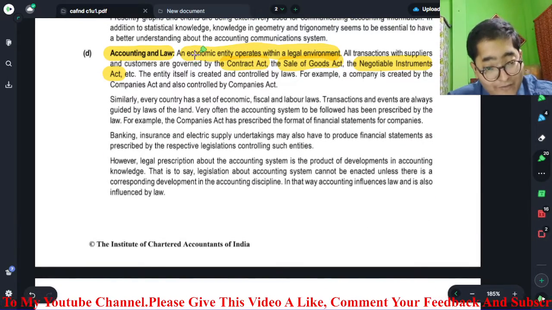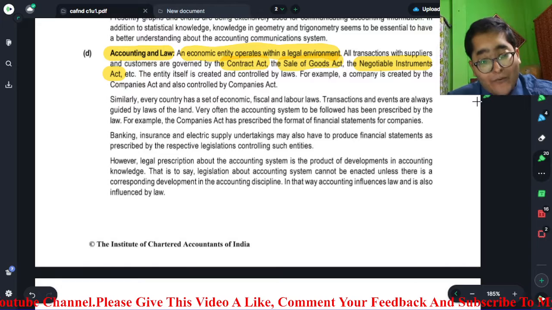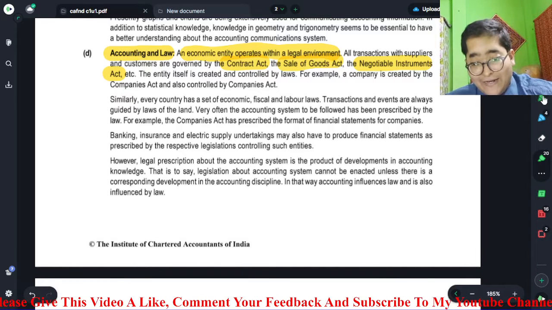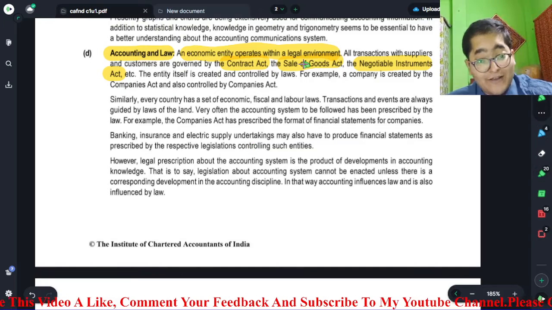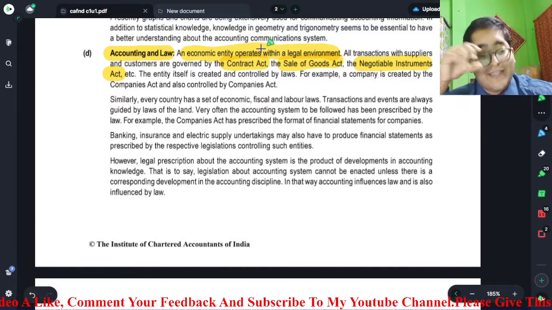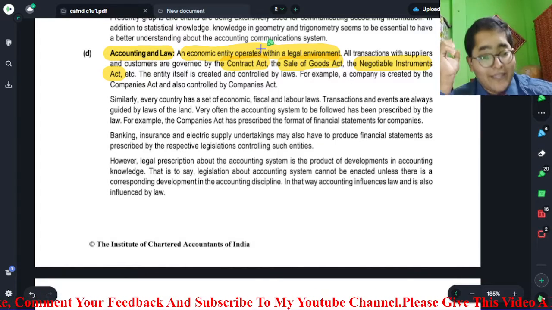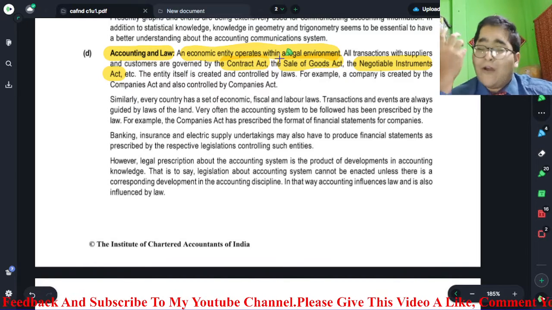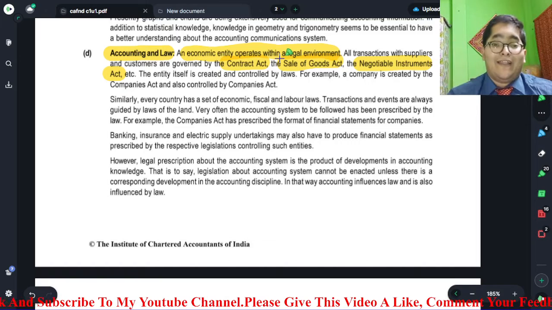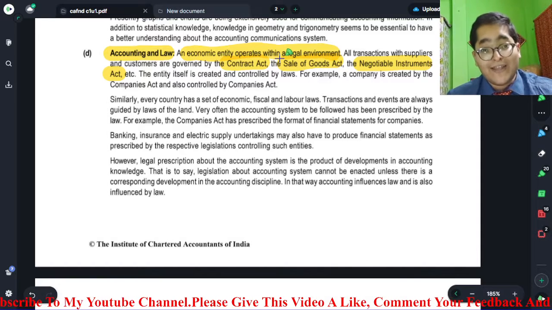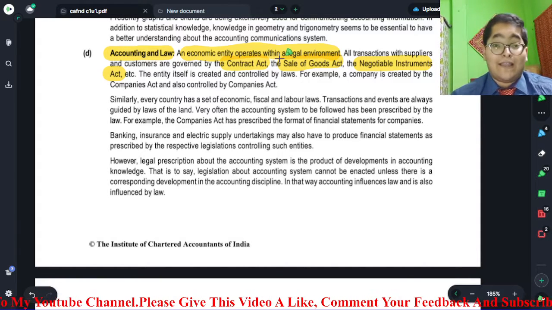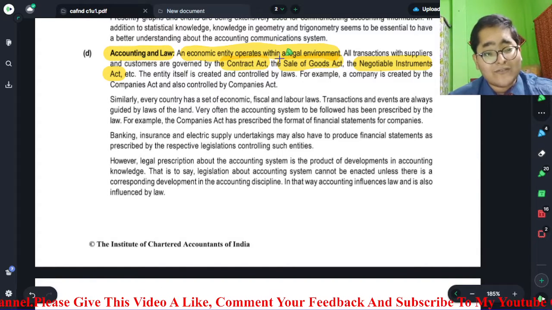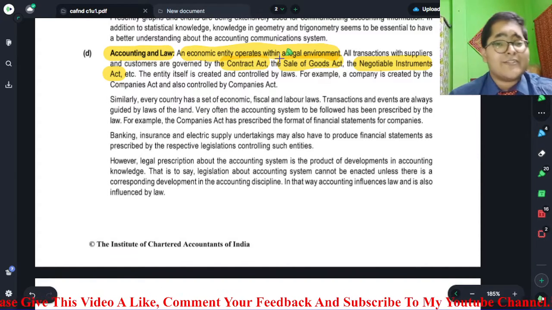Accounting and law. An economic entity operates within a legal environment. Any economic entity, any business firm, any company operates within a legal environment. Our country or any country is a legal environment. It is governed by laws, right? Many laws are there: the Contract Act, Negotiable Instruments Act, Sales of Goods Act, the Information Technology Act.